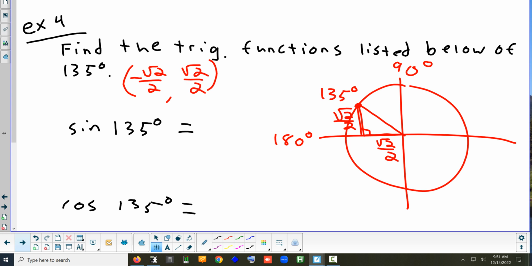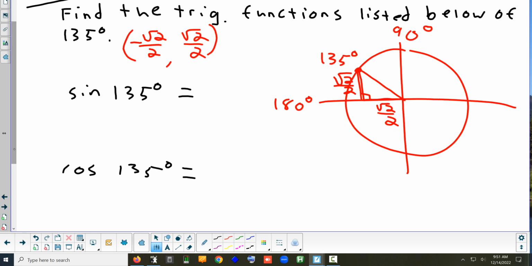Okay. So now let's write down the sign. Chris, what's my sign here? Square root of 2 over 2. What's the cosine of 135 degrees?